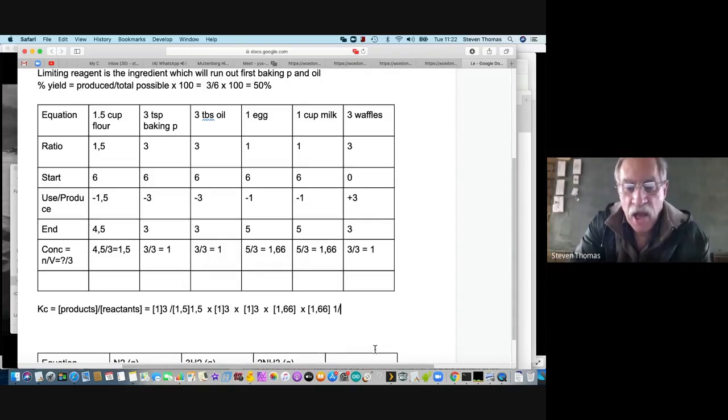Okay. So what I would probably do is double all those numbers, and then we don't end up with an exponential that is raised to the power of 1.5. So that is probably how we could get around that problem. To get rid of 1.5 cups of flour, I'd say 3 cups of flour, 6 cups of this, 6 of that, 2 of that, 2 of that produces 6 of those.